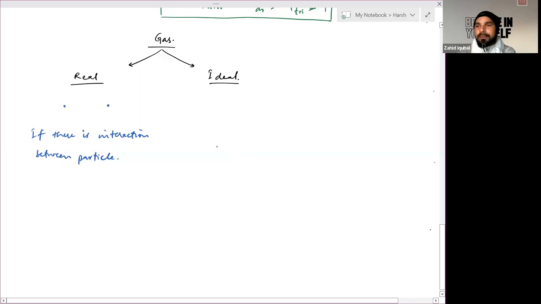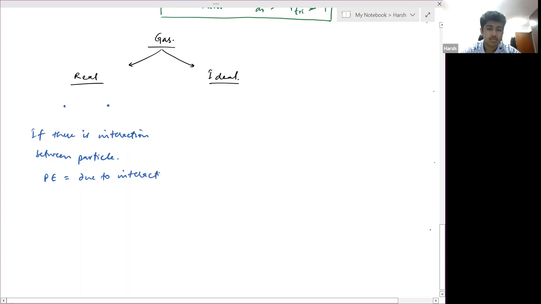So it will have some potential energy due to that attractive force. So potential energy will be due to interaction, and this interaction is due to their attractive force, so it will be negative in value.